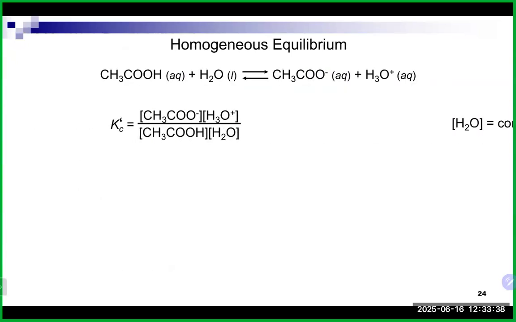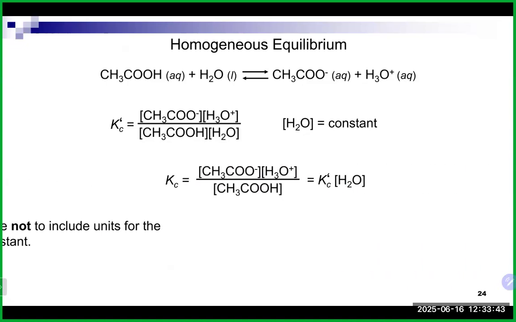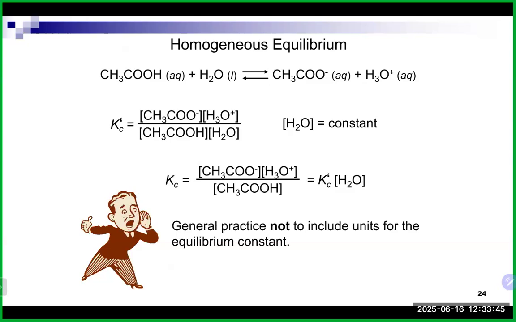Now, in a homogeneous type of equilibrium, we can write our equilibrium expression like normal and take our products over our reactants. So we take our Kc here, which is our acetate divided by our hydronium ion divided by our acetic acid and our water. Now, when we write the equilibrium expression for a reaction, it is always products over reactants.